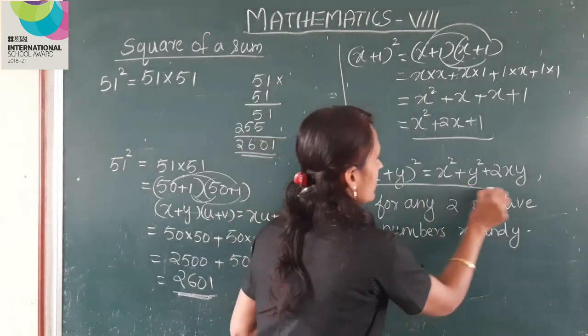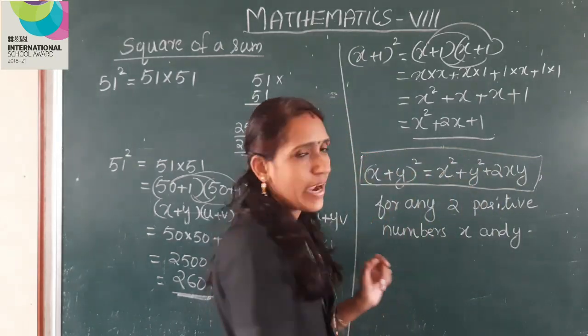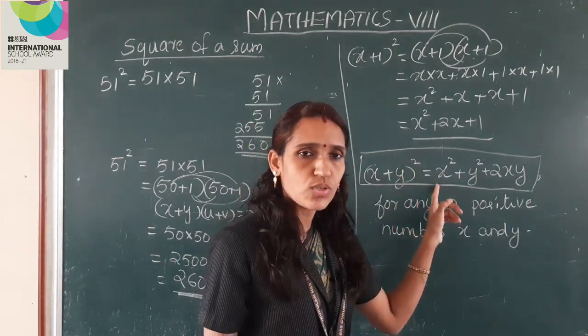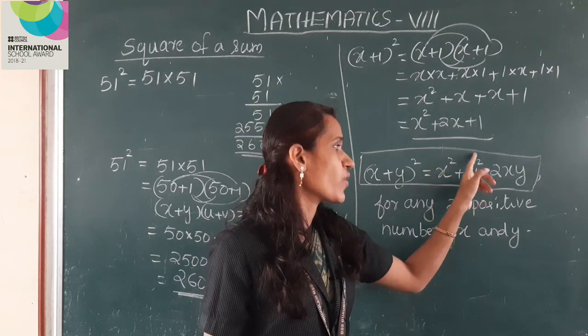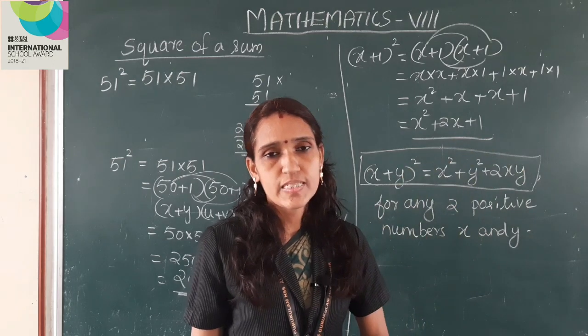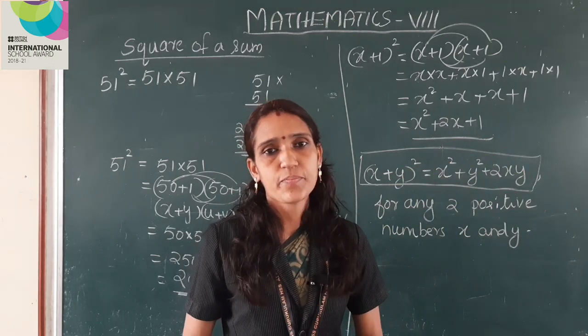This is the second identity. x plus y whole square is equal to x square plus y square plus 2xy is the second identity.